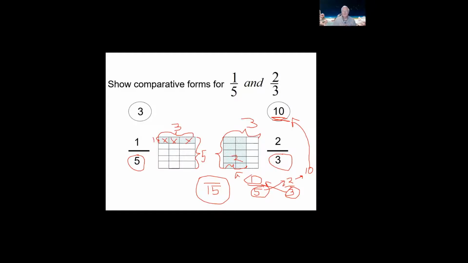They don't understand why it works. When we look at this particular way of laying out the problem, you can see how the very action of creating the comparative form also creates everything we need to understand the cross multiplication process.